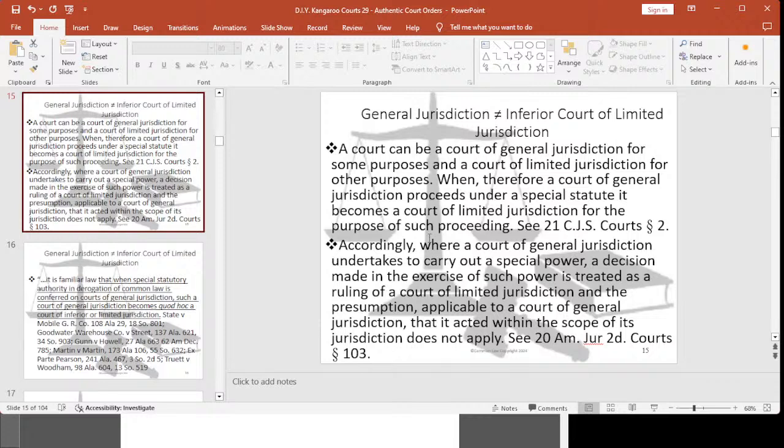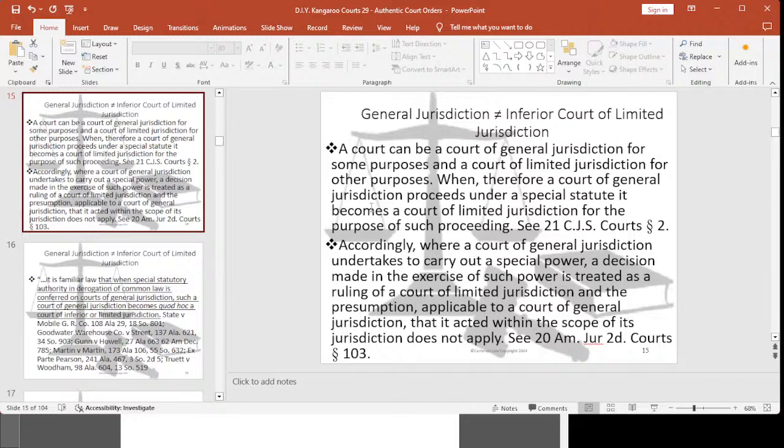And this is Book 21 of Corpus Juris Secundum, Courts, Section 2: a court can be a court of general jurisdiction. They presume they're all courts of general jurisdiction. A court can be a court of general jurisdiction for some purposes and a court of limited jurisdiction for other purposes. So that's when it's actually a court.